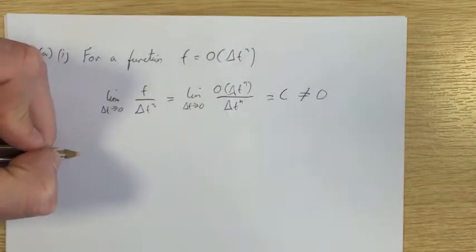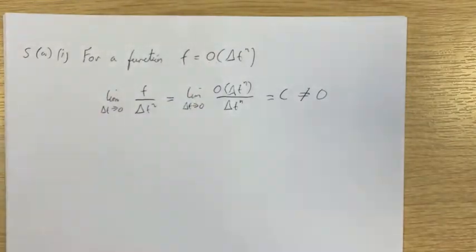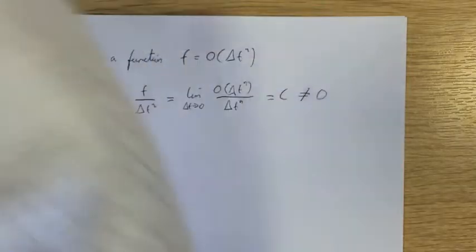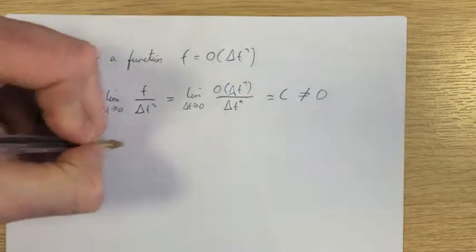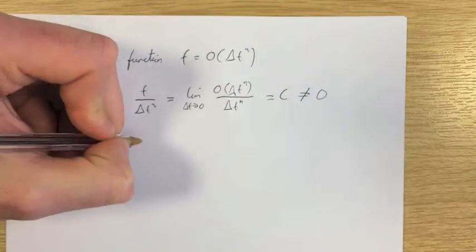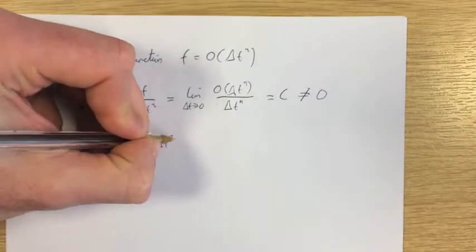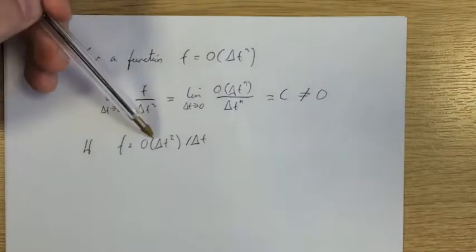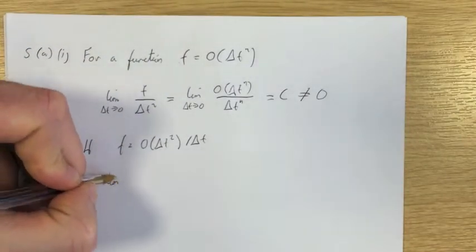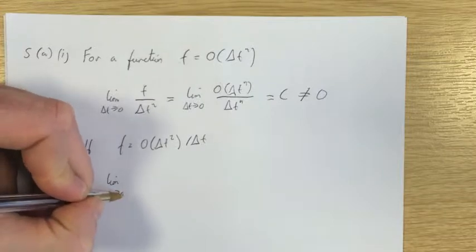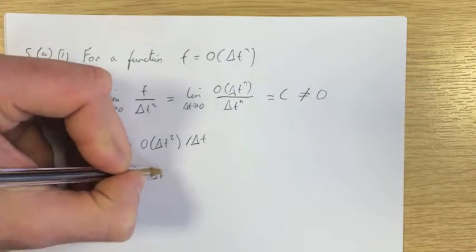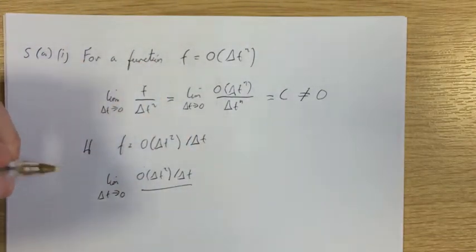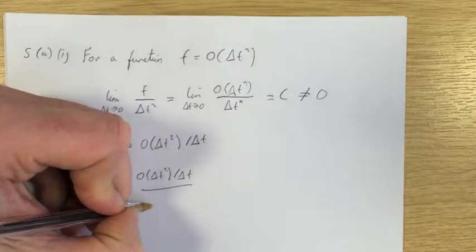So this function on the bottom converges faster than this function on the top. So what we're going to do is prove that this holds. If f is equal to delta t squared over delta t, I'm going to replace this f here with this. So the limit as delta t tends to 0 of big O delta t squared over delta t, all over delta t.